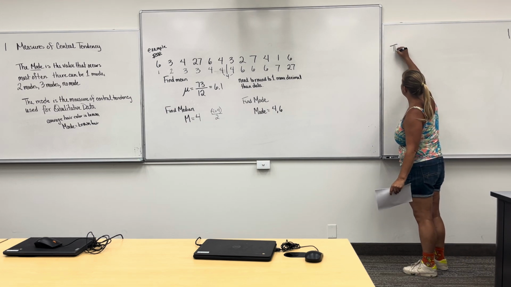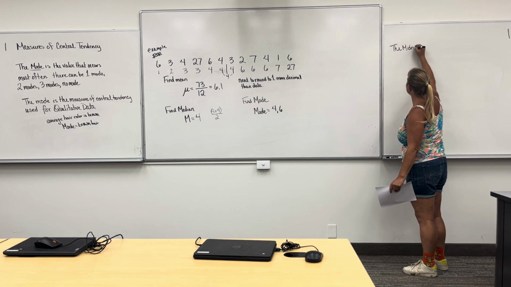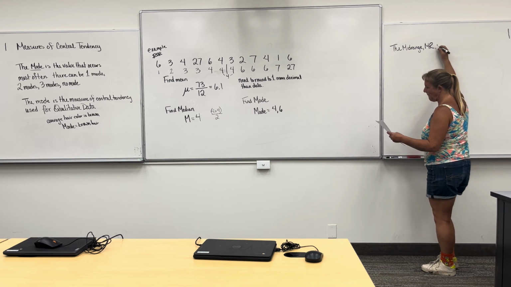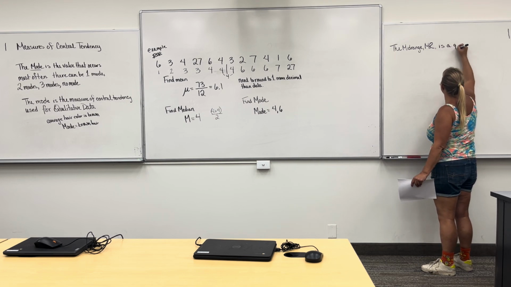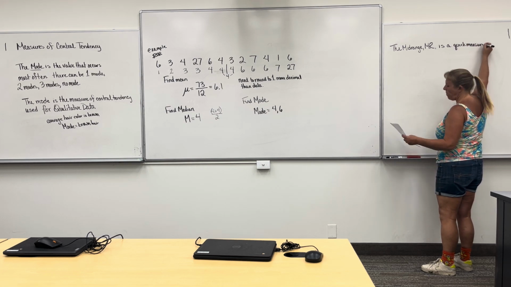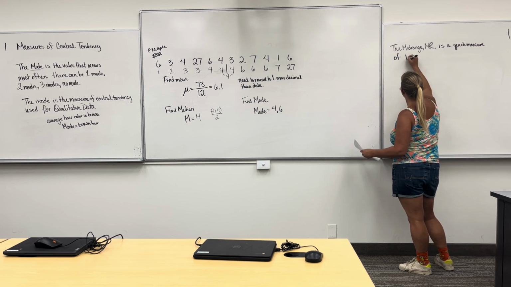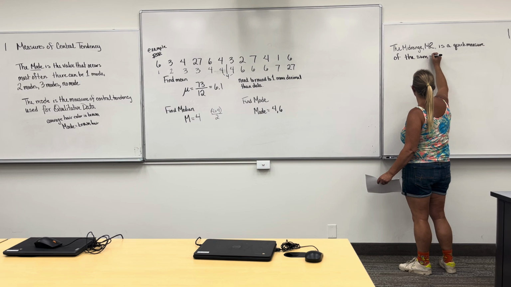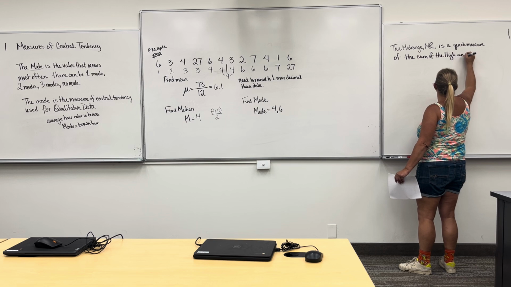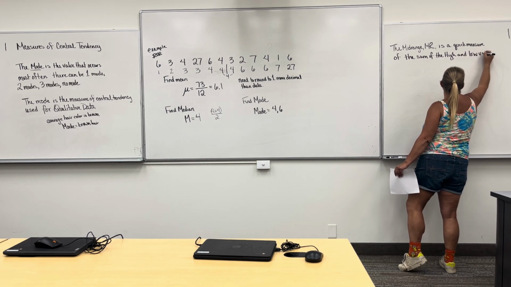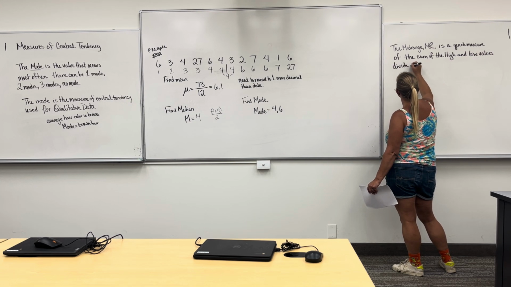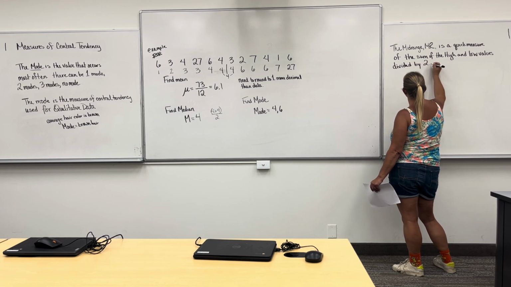So we say the mid-range, which gets the abbreviation MR, is a quick measure of the sum of the high and low values divided by 2.